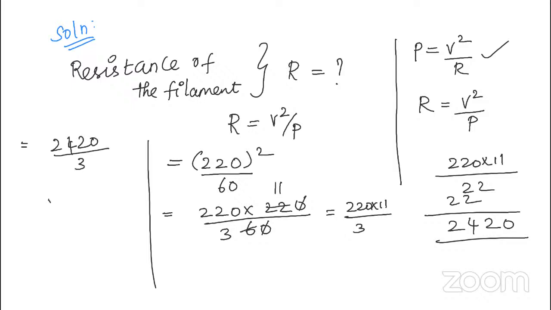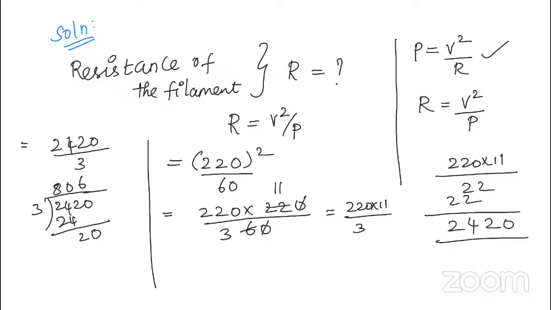Okay, so 2, 4, 2, 0, it is 3 times, write it 8 times. Okay, 24. Here 2. Okay, so it is 0. So directly I have to take it as 20.